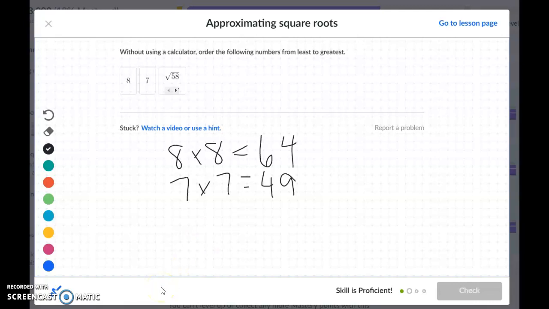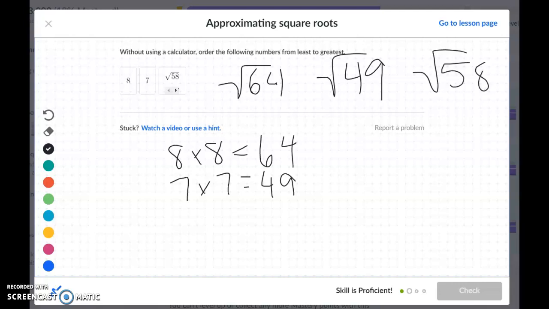The reason I say that is we can rewrite this. Instead of writing 8, we can write the square root of 64. Instead of writing 7, we can write the square root of 49. And then, of course, the last one, the square root of 58.